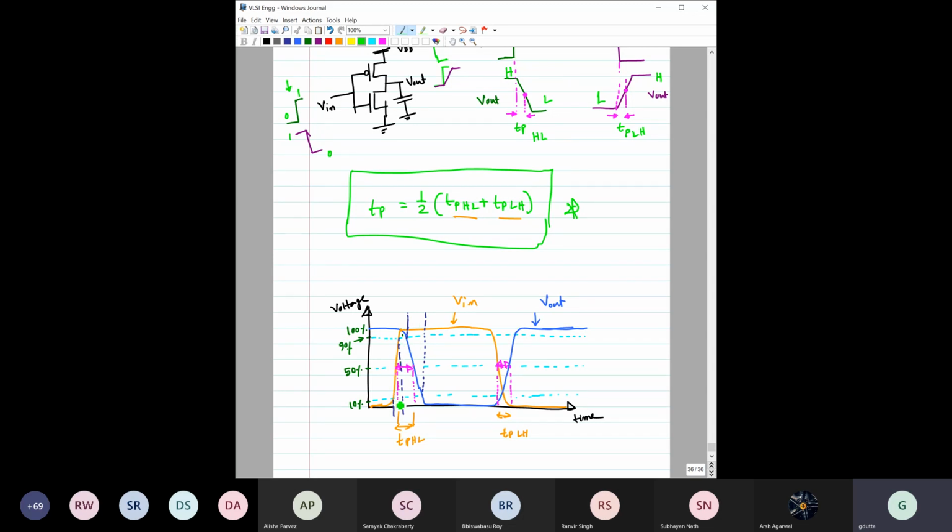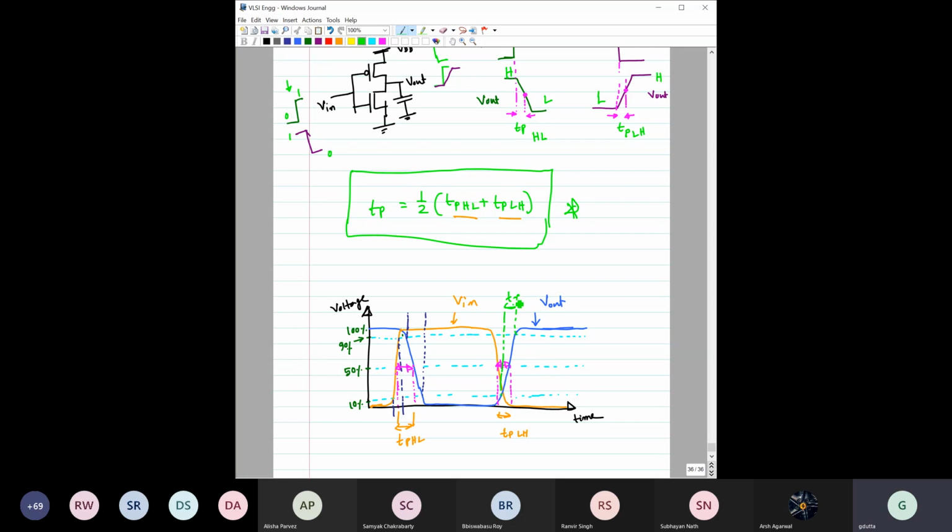Here you can see this output is taking this much time to change from 10% to 90%. This is called rise time.